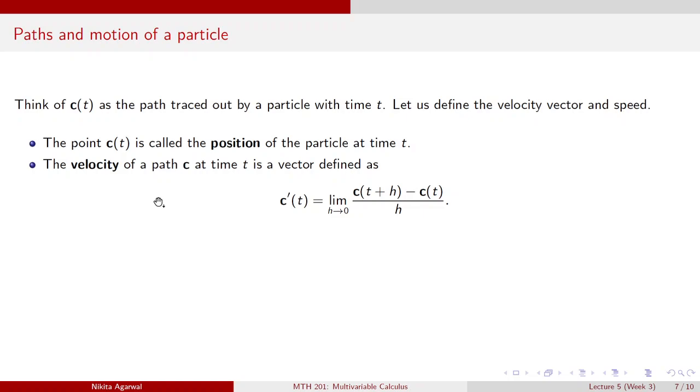The velocity of a path C at time t is a vector defined as... So this is something that you are aware of. The only difference is now C is a vector. So when you look at this numerator, you are subtracting 2 points, right? So when you're subtracting 2 points, you will get a point.